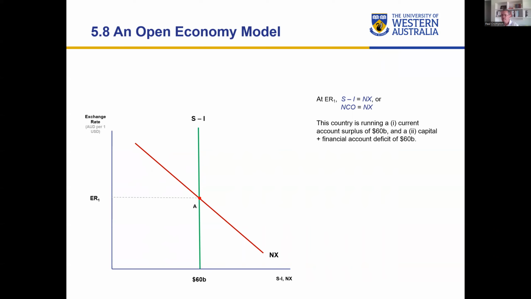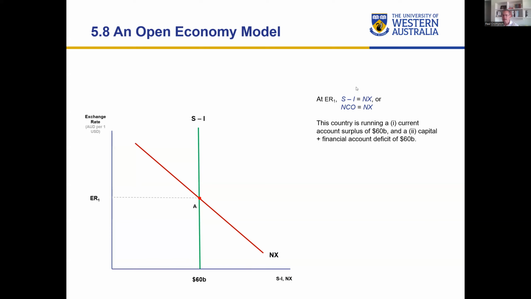And because it's an outflow of money, it's actually recorded as a negative number. And so in this model, we would have a financial account or capital financial account deficit of 60 billion. Why is it a deficit? Because the money, the 60 billion, is flowing out of Australia. So that's the basic setup of the model.